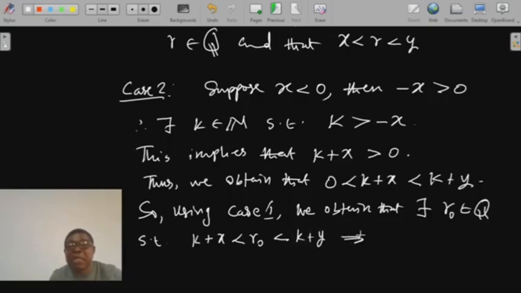And this is equivalent to x is less than R naught minus k, and this is less than y.